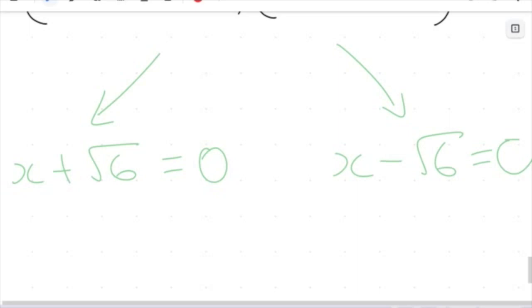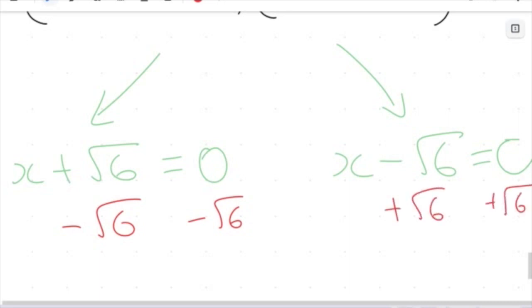Now, because we've already looked at surds in a previous series, we can still solve equations using surds. All we want is to still have x on its own. So we can subtract root 6 from both sides here. In the same way, we can add root 6 to both sides here.